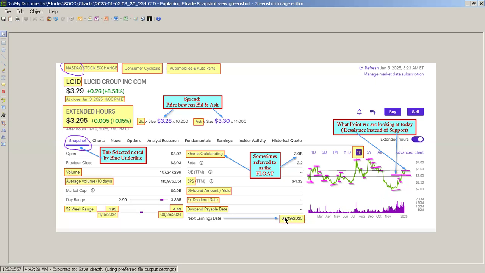In 3 more months, earnings will come out again, in like the fifth month, April or May. That's kind of good to know because around then, this stock could do some weird stuff. Like around February 10th, whatever.